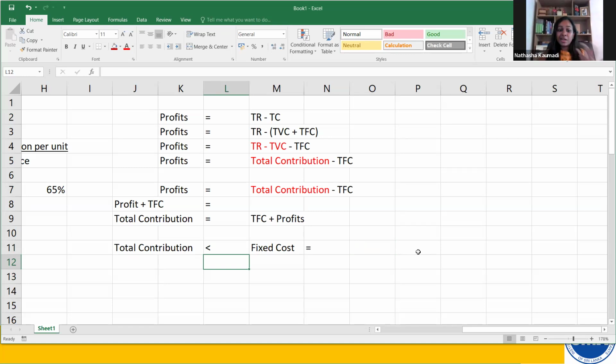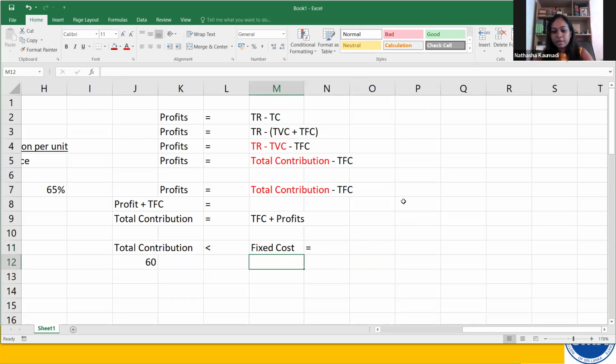That means your fixed cost is 100 and your total contribution is only 60. You ended up having losses. Your organization's fixed cost is greater than your total contribution.